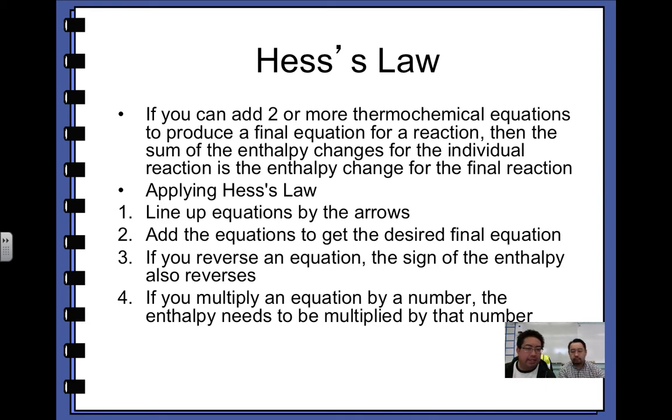If we do that, then the enthalpy also gets multiplied by that same number. This is done sometimes so that the number of moles or the balancing works out in the end. Remember, the goal is that through adding multiple equations together, it has to look exactly like the final equation that we're interested in.